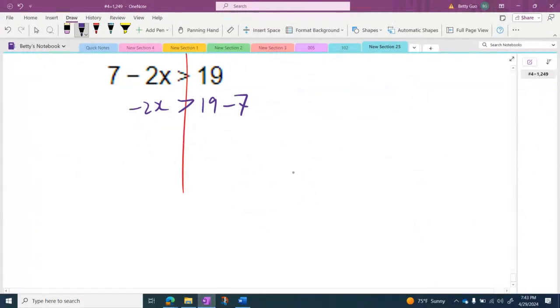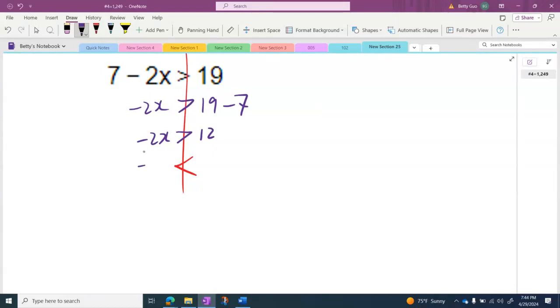So 19 minus 7 is 12. Then -2x. If this was an equation, you would divide each side by -2. So same here, we divide each side by -2. Don't forget, when we divide each side of an inequality by a negative number, we have to switch the direction of the inequality symbol.